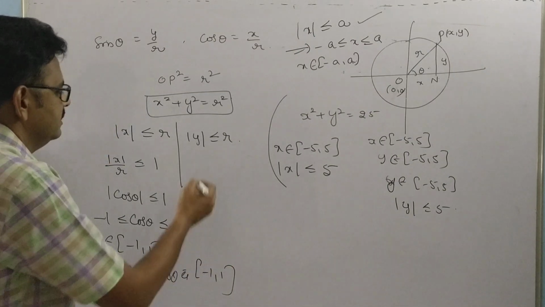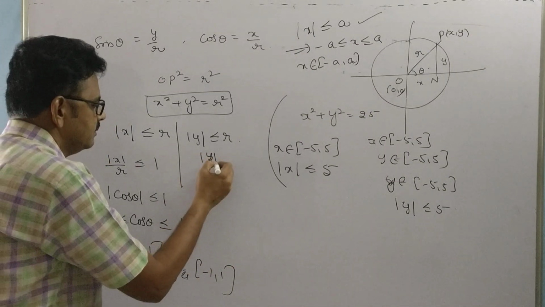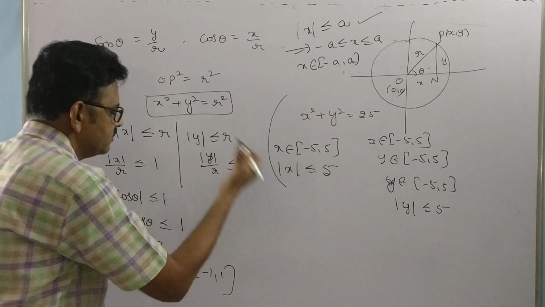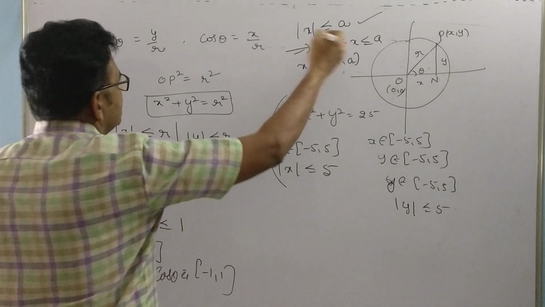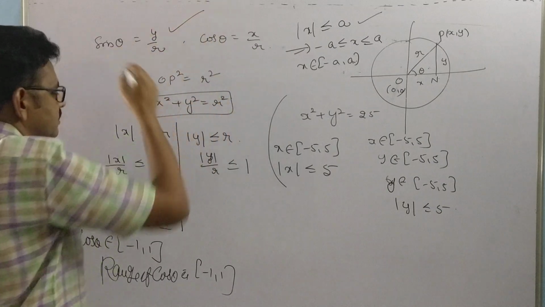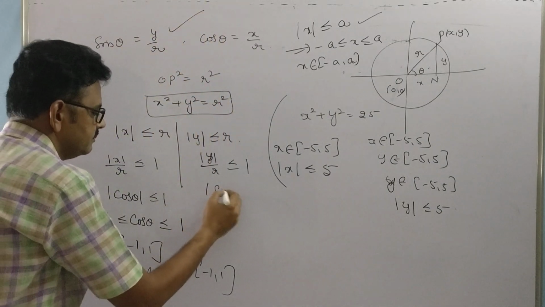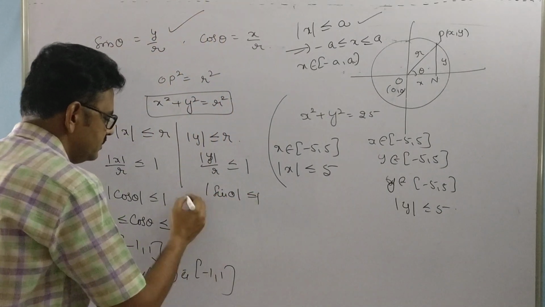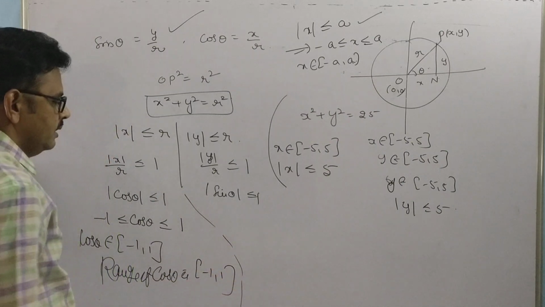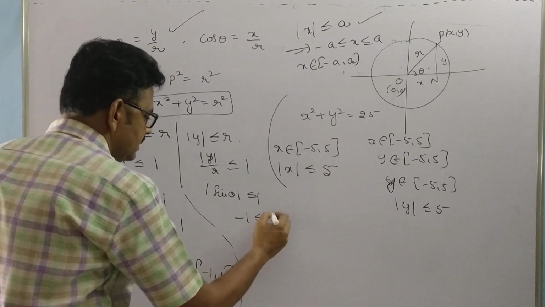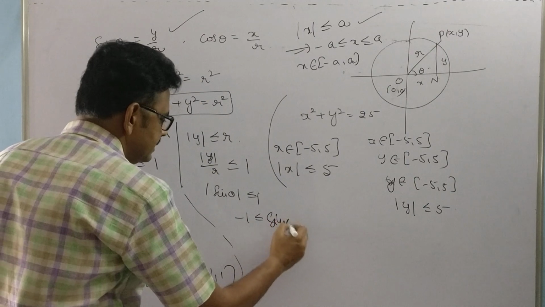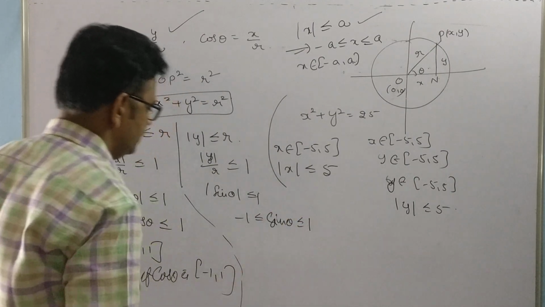And similarly mod y by r is less than or equal to 1. Mod y by r means what? See here. So this is mod sin theta less than or equal to 1. That is minus 1 less than or equal to sin theta less than or equal to 1.